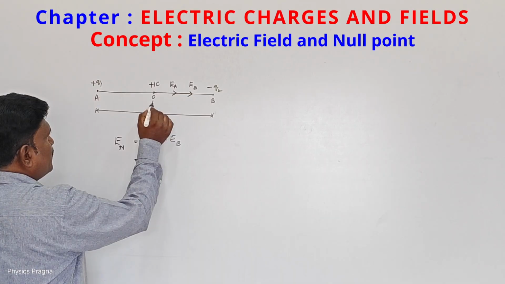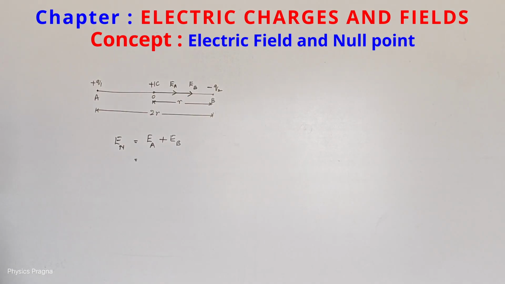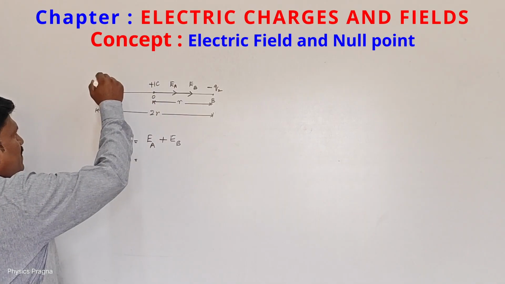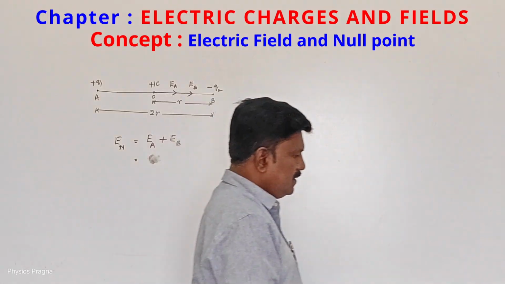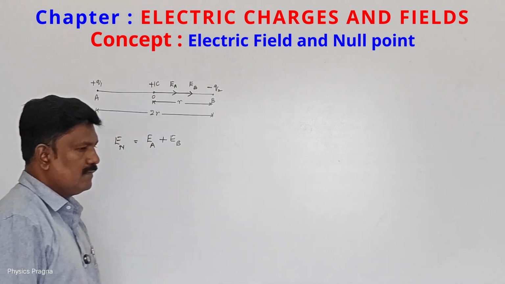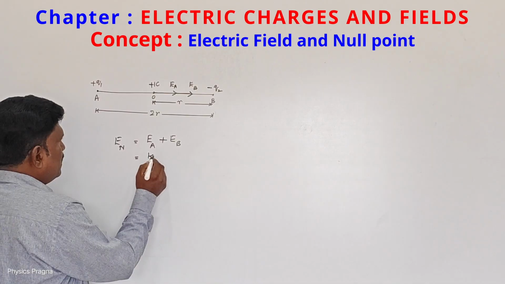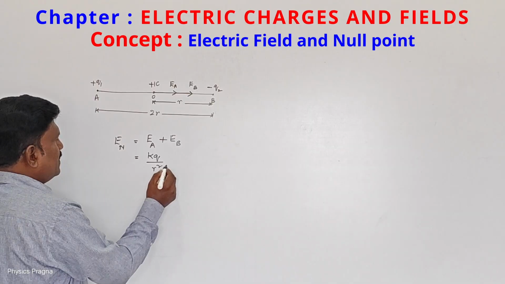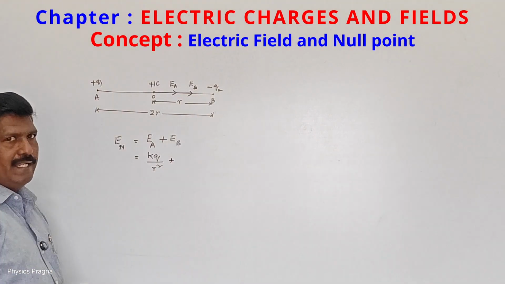The distance between them is 2r, so the midpoint is at distance r, and it is also at distance r from A. So E_A is equal to kQ by r square, plus, here we are taking only magnitudes, no need to take the negative sign here.